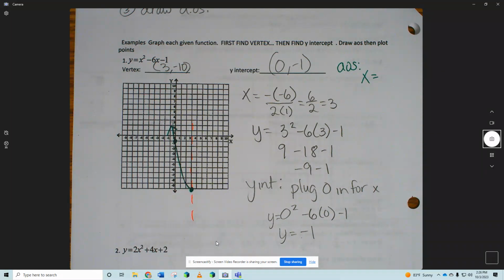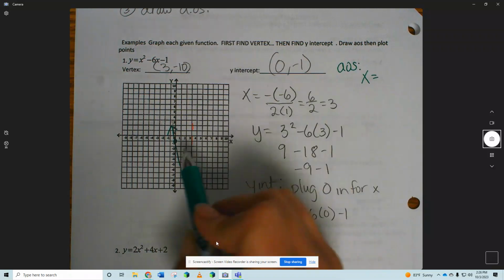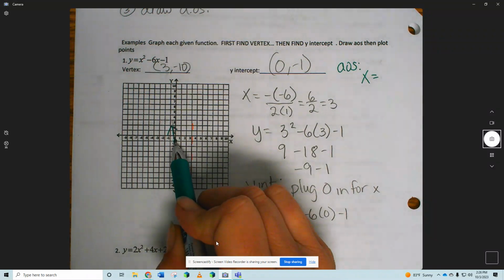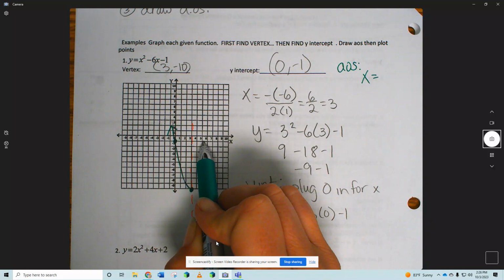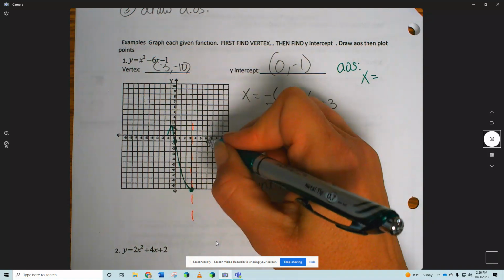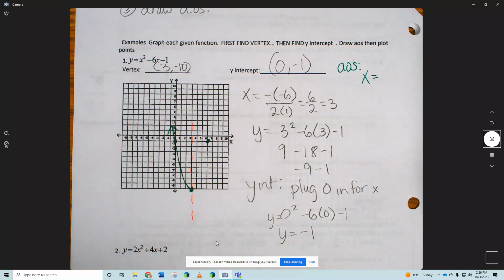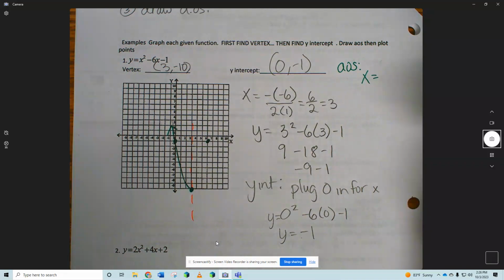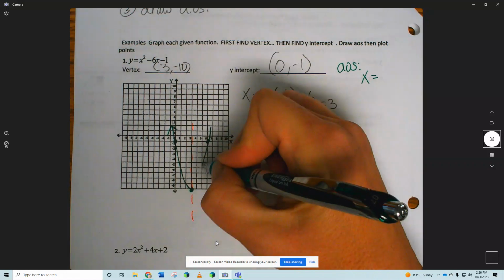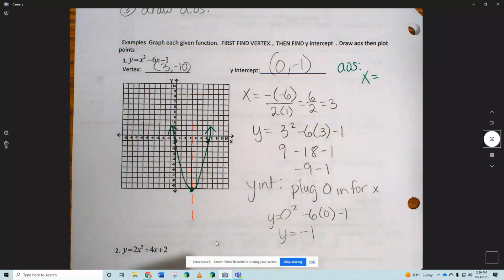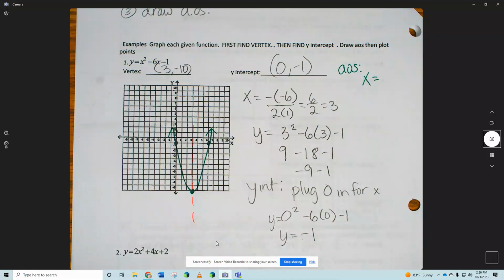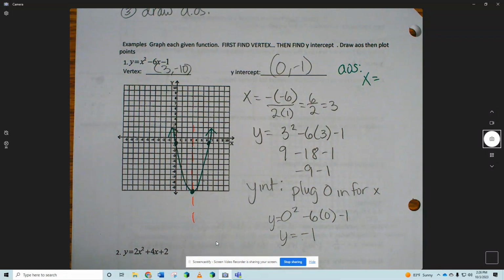And does it have to be 3 in the other direction? So 3 this way, I'm going to go 3 this way. And there is the point that's going to even out your parabola. So I use my axis of symmetry and I count. How many spaces away from the axis of symmetry? Go the opposite direction.